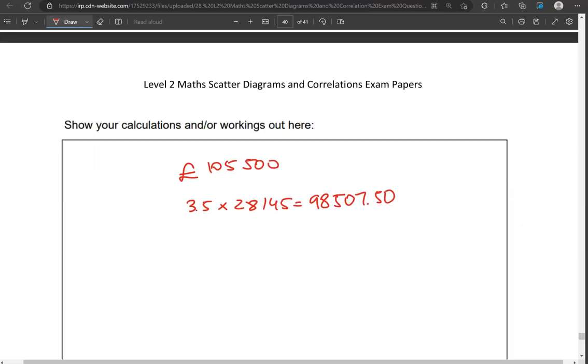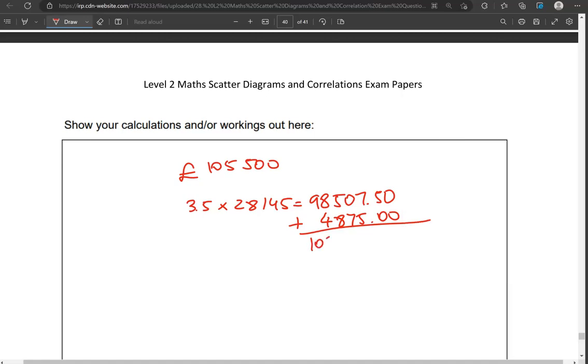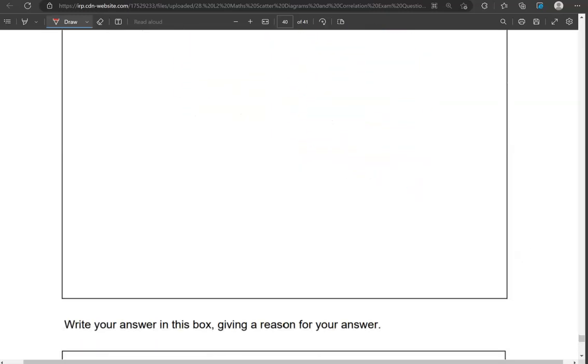And we need to add to that the deposit, which is 4,875. And that gives us 103,382 pounds and 50 pence, which is lower than 105,500 pounds. So can he afford? We're going to say no.